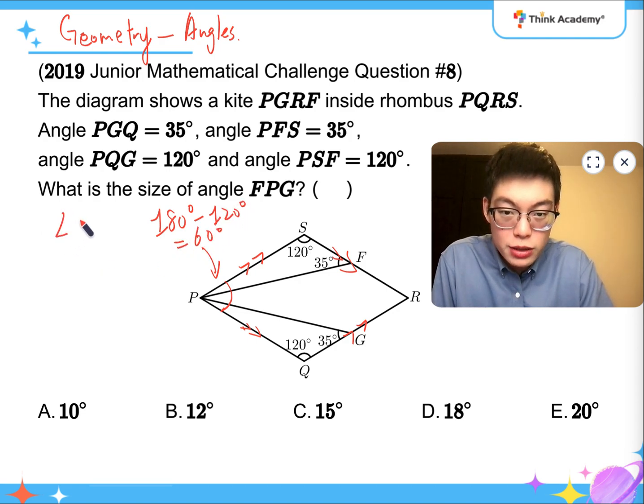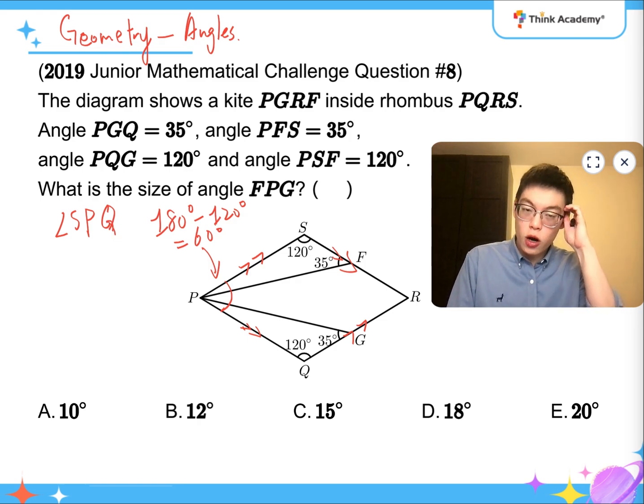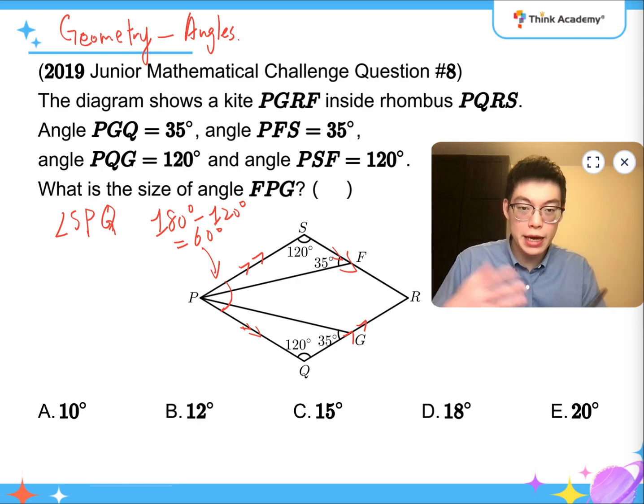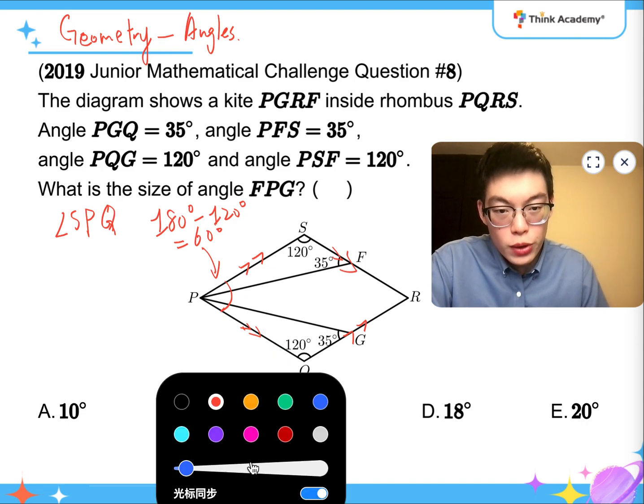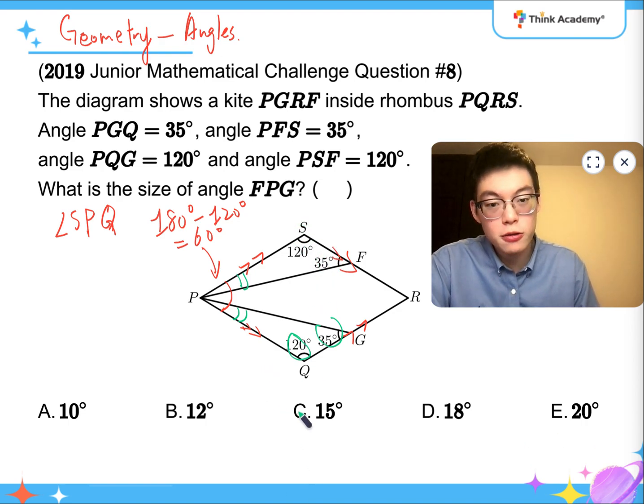And I'm talking about angle SPQ, which is the vertex, the other angle of the rhombus. And now we can try to see that this angle is going to be equal to this angle because they all have 120 and 35 as the other two angles in the triangle, right?